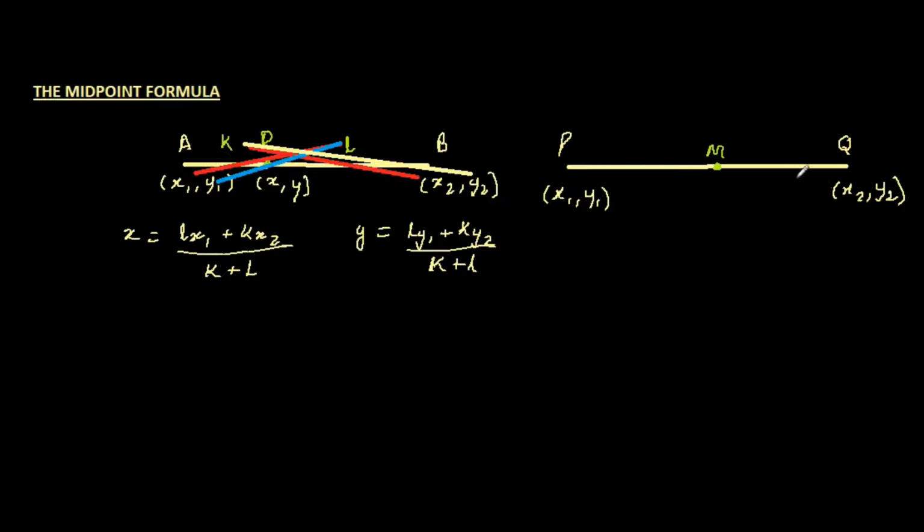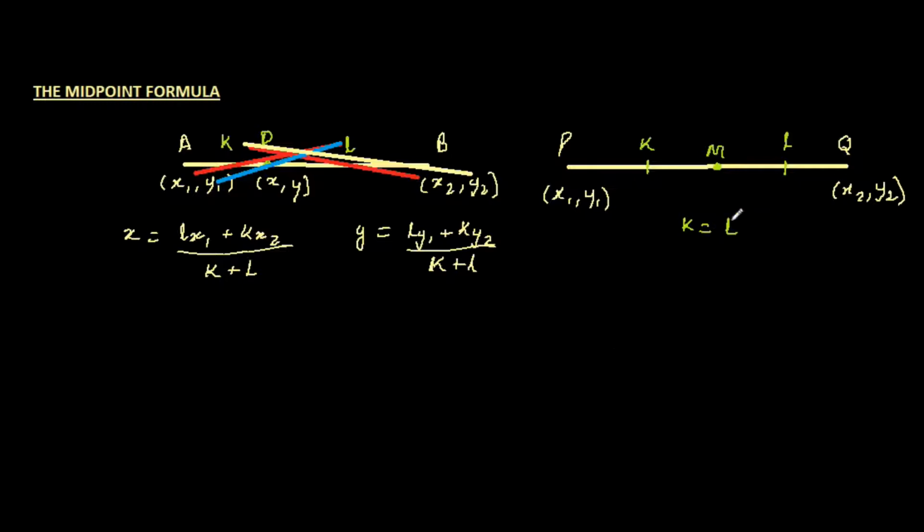That means M is the midpoint of the line segment PQ, which means that PM will be equal to MQ. Now if the ratios are taken as K and L, let us take the same ratios here. But since M is the midpoint of PQ, we know that PM is the same as MQ. Therefore K is the same as L, which means that K is equal to L.